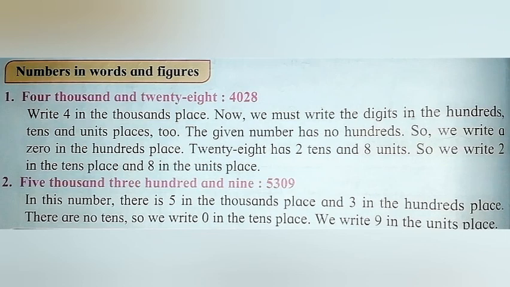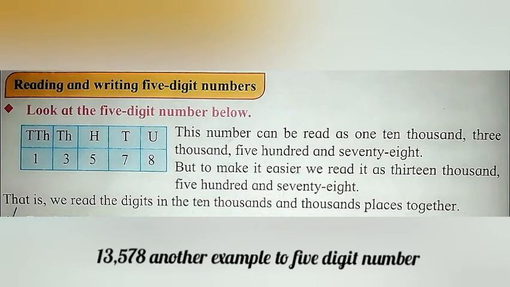So we know 5 is in the thousands place, 3 is in the hundreds place, and 9 is in the units place. But we don't know about tens. There's no tens given in this question, so we write 0 in the tens place. Hence the figure is written as 5309. Easy to understand?